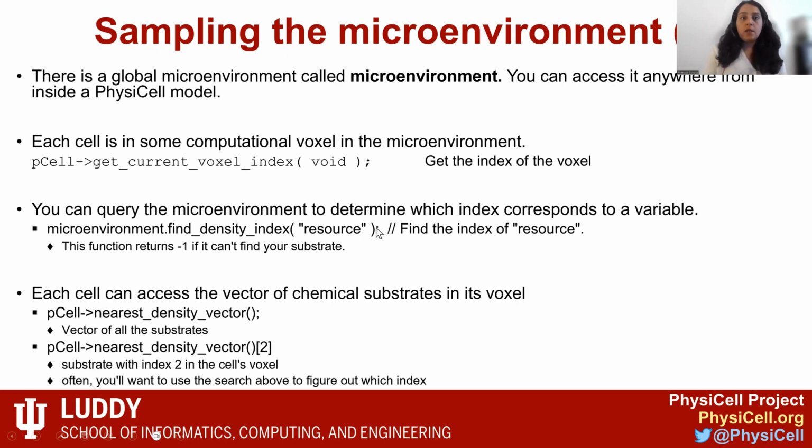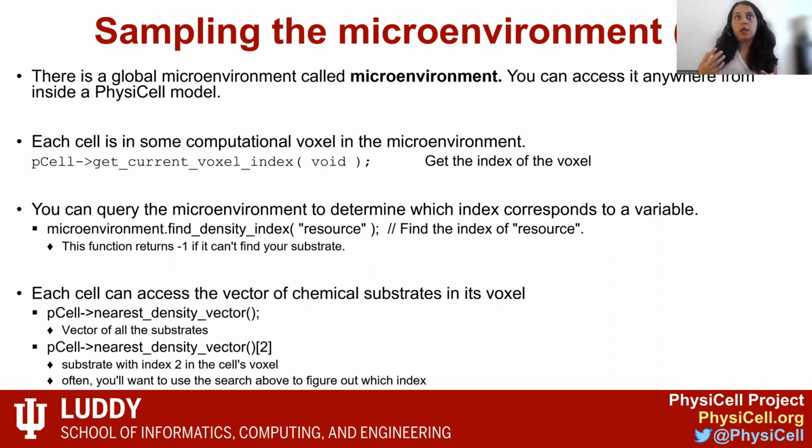And then based on that voxel index, we can also say microenvironment find density index. So density index will give you the index of that particular substrate. This will give you the position of the cell, and applying this on microenvironment will give you the density index of a particular resource. For example, here it is resource.